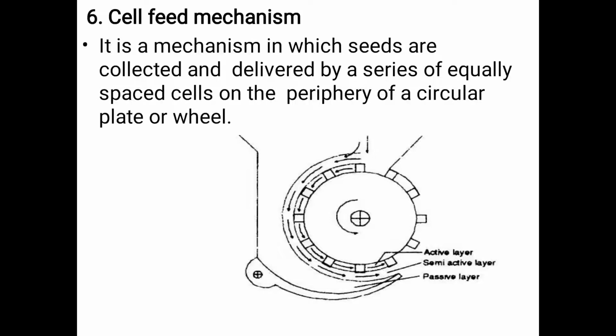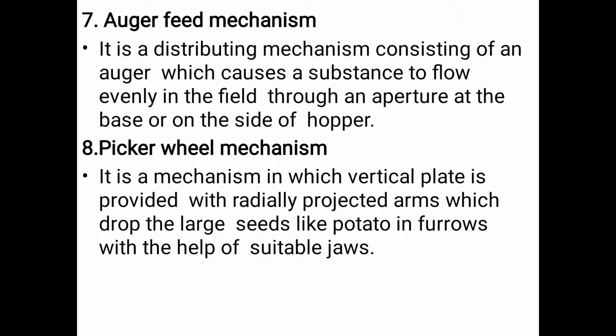Cell feed mechanism. Here is shown the figure of the cell feed mechanism and its parts: active layer, semi-active layer, and passive layer. It is a mechanism in which seeds are collected and delivered by a series of equally spaced cells on the periphery of a circular plate or wheel. Auger feed mechanism.